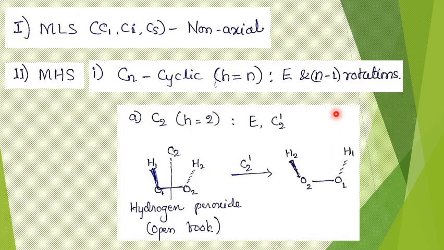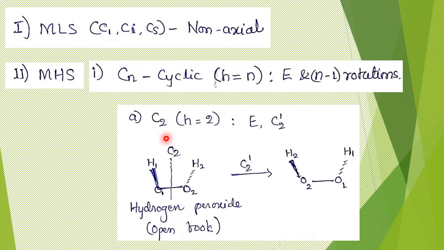The first example that I am taking is C2, the point group C2. Cn is the general form. The molecule I have considered here is hydrogen peroxide, in its open book conformation. Of course, there is another conformation, a planar conformation, possible for hydrogen peroxide, but in the solid state hydrogen peroxide goes to this open book type of conformation, where it is a non-planar molecule.